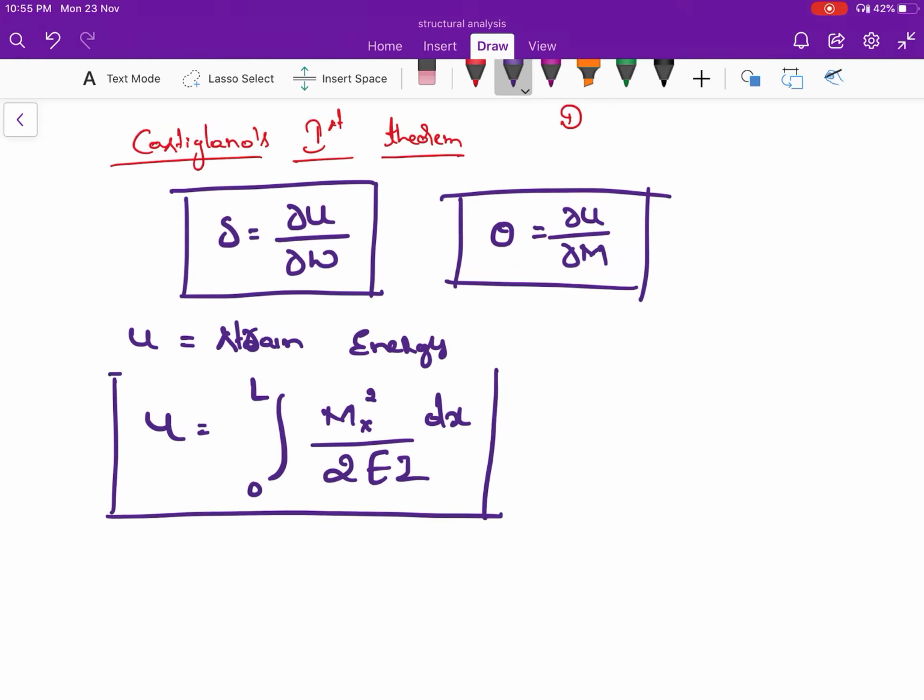With the help of this formula, we can find the value of strain energy. After finding the value of strain energy, if you differentiate with respect to W, you are going to find the value of deflection. In short, this equation can be written in one more form.